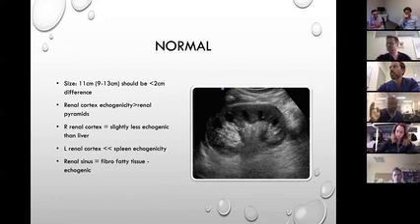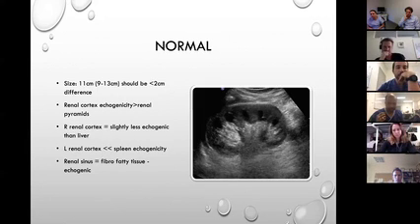If the liver is quite bright and echogenic compared to the renal cortex, what could it potentially mean? Fatty liver, usually. The more common reason is fatty liver. That's one of the ways to find how reflective the liver is. You just compare it to the renal cortex.